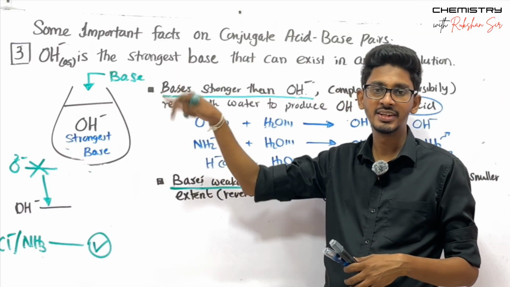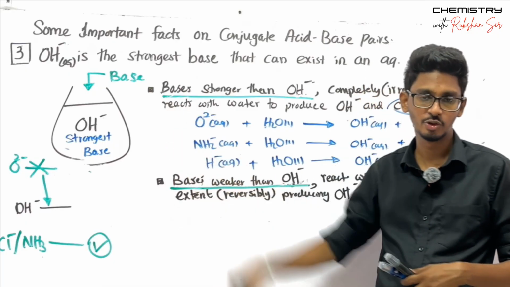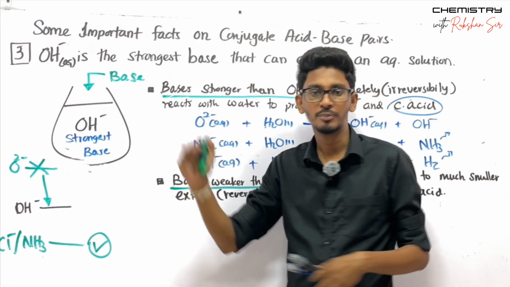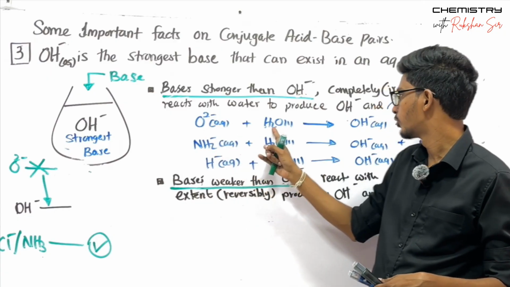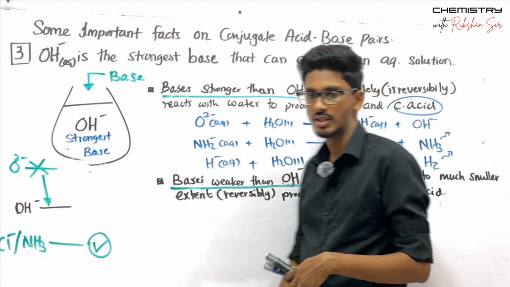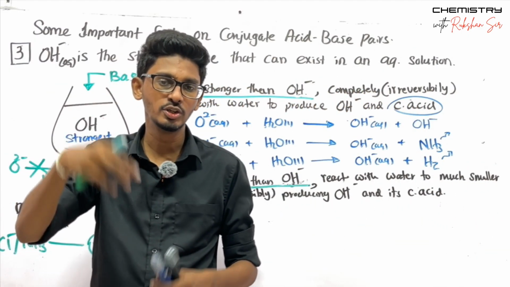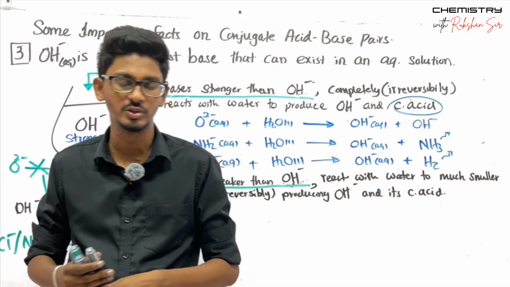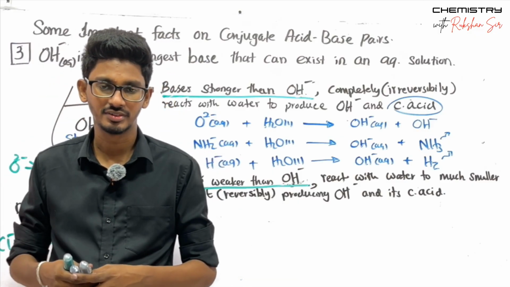If you add Na2O, the Na plus ions and the O2 minus ions to the aqueous solution, the O2 minus aqueous won't be formed. What will happen is the O2 minus will completely react to form the OH minus. So you won't observe Na plus aq and O2 minus aq, like in the NaCl case with Na plus and Cl minus.